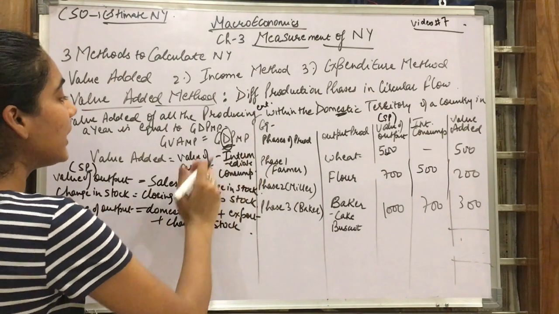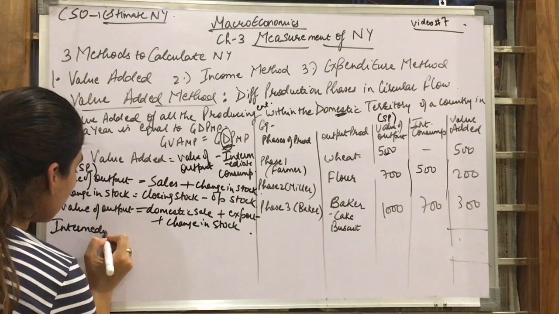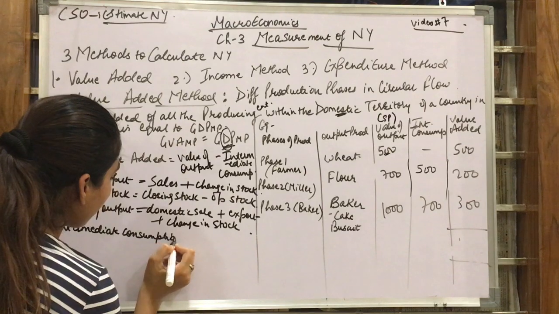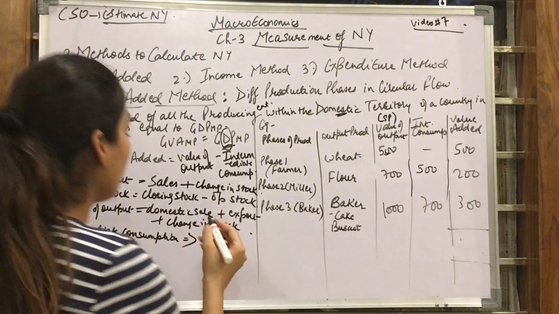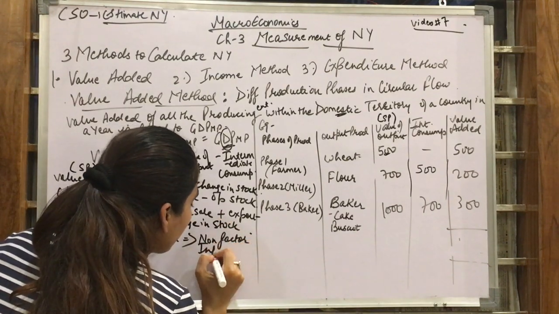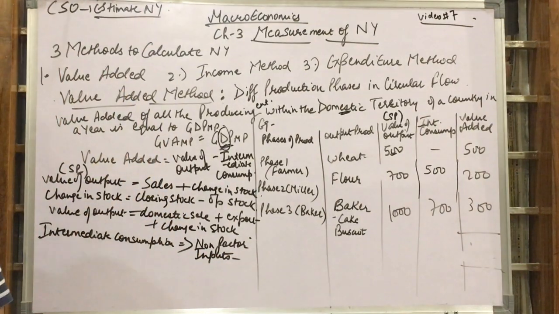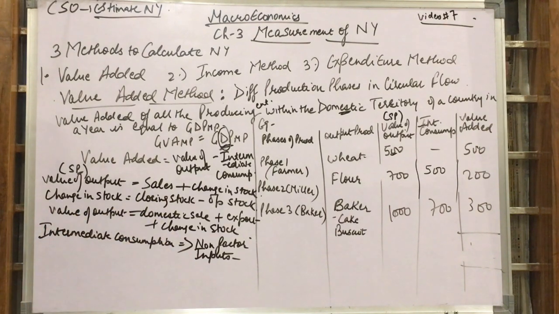Now, what is intermediate consumption? Intermediate consumption is nothing but the raw material. These are the non-factor inputs, which include the raw materials and fuel. Intermediate consumption is the raw materials which the enterprise is purchasing to produce a final product, to produce a final output.